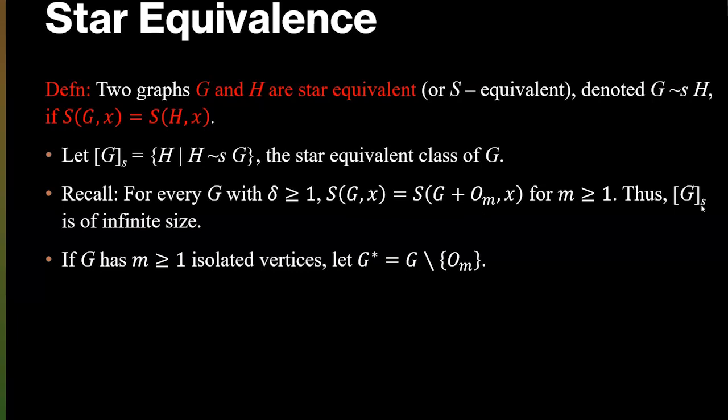Therefore, the S-equivalence class of G is of infinite size, and because of this, we are not able to immediately define star uniqueness of a graph. So what I do here is let G star be the graph obtained from G by deleting all the isolated vertices.